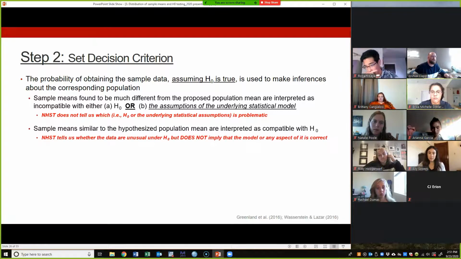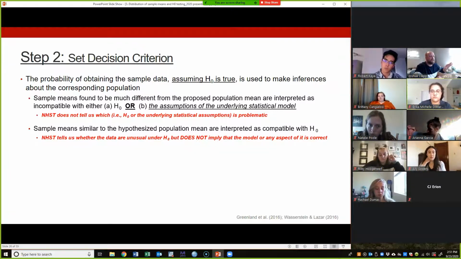Okay. So again, remember that I could have data that's incompatible with either my null or the assumptions of the model. I could have problems with how I've calculated things, or the statistic I've calculated doesn't follow the distribution that I expect it to, right? And I would say that's evidence against the null hypothesis.